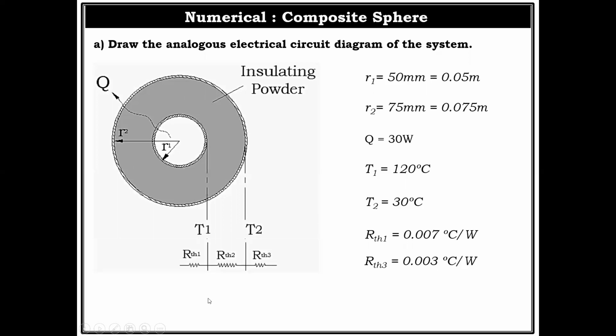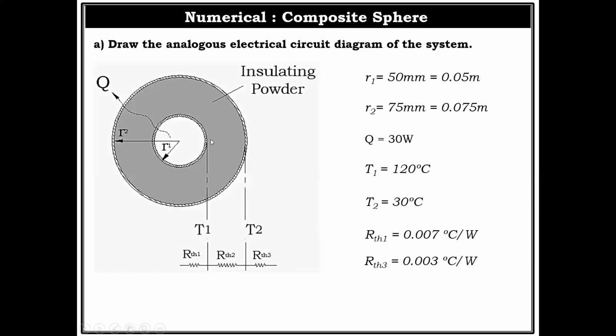If we draw the electrical analogy, as given we already have the thermal resistances directly: inner sphere resistance R thermal 1 is 0.007, outer sphere resistance is 0.003, and we have to find K for this packed insulating powder.